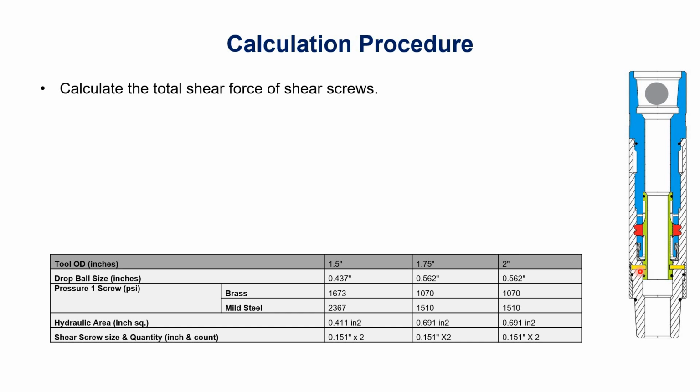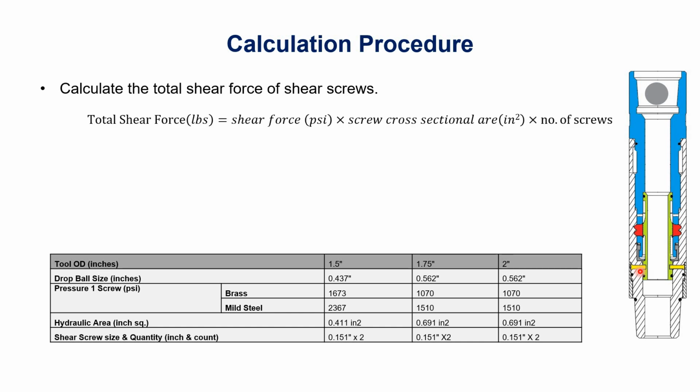So the formula for the total shear force is equal to shear force in PSI multiplied by cross sectional area in square inch multiplied by the total number of screws installed in the hydraulic disconnect. When we multiply all these three factors, we get the total shear force, that is the force which is required to shear these pins or screws.